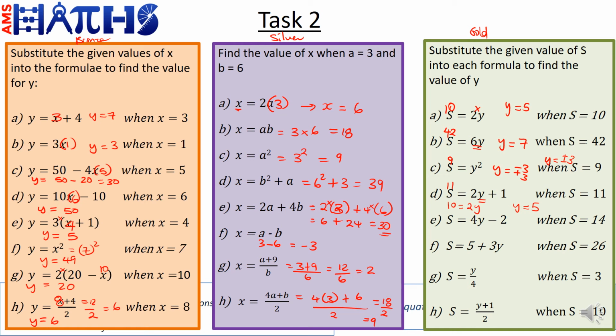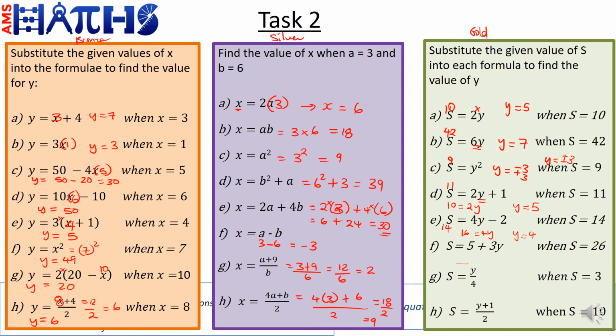Our next question is for y minus 2 is equal to s, and they said s is 14. So we'd have to find out what y is by adding 2 to both sides, which would give us 16 is equal to 4y. And what do we multiply 4 by to get 16? That is 4. So y is equal to 4.